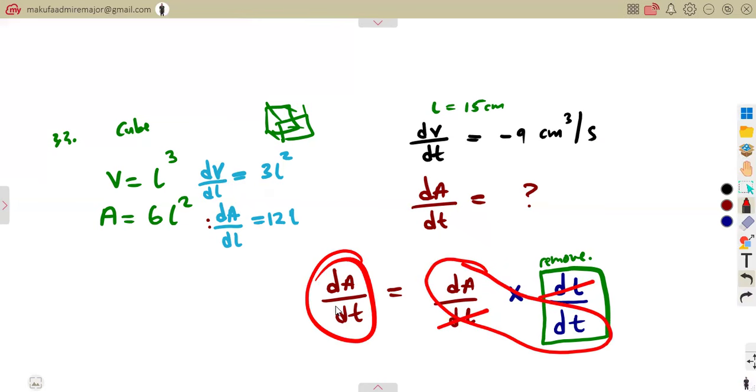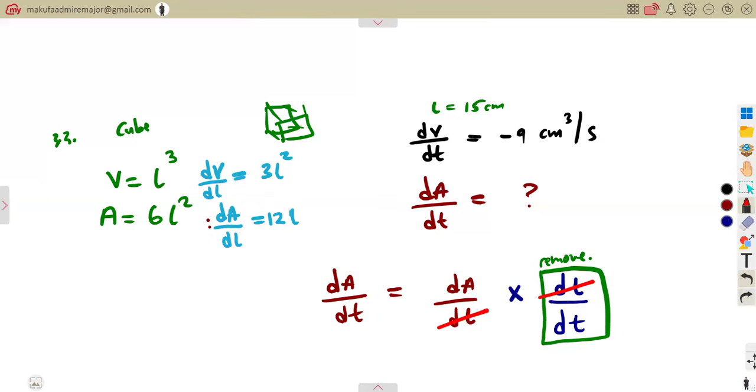If it does not give you this, it means your formula is wrong. It must cancel. We have got dA/dt, dA/dt. But how? We have to figure out another part where dL can be determined.